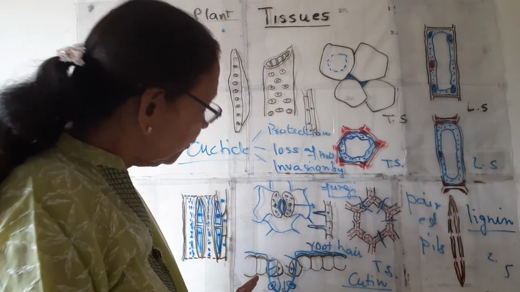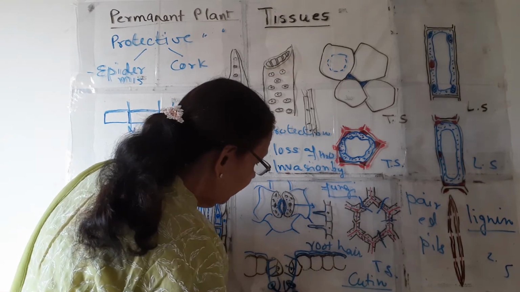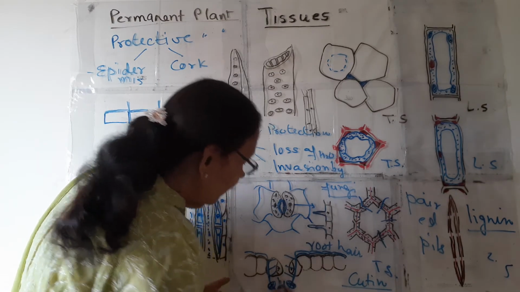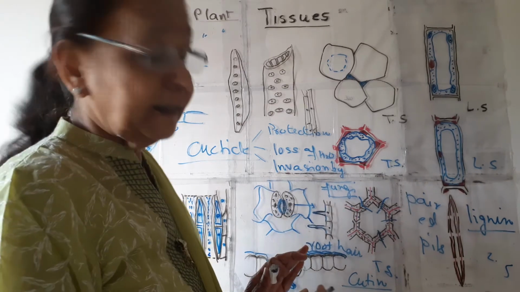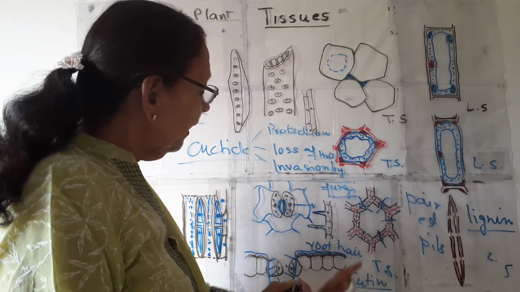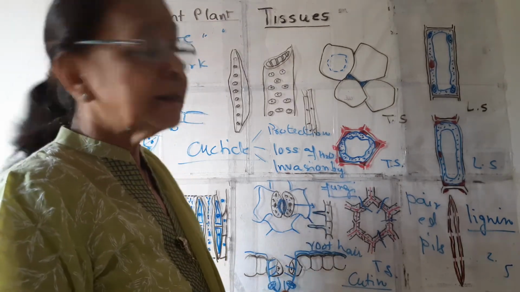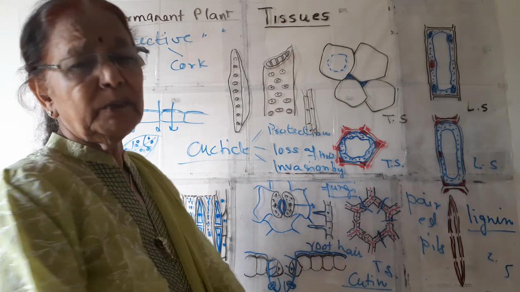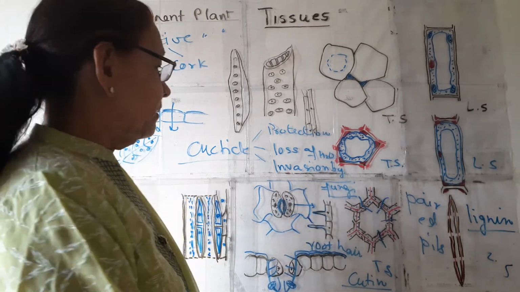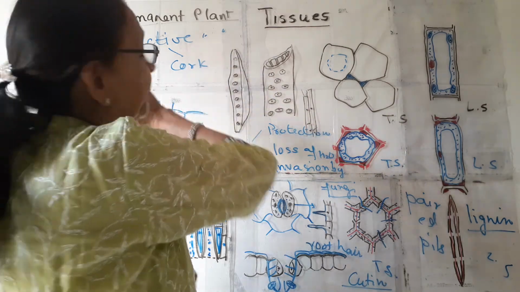And as these stomata are not in direct contact with the atmosphere, less evaporation is there. So these are sunken stomata in the epidermis, and cutin is secreted which prevents the loss of water in desert plants. So this is about the protective covering epidermis.